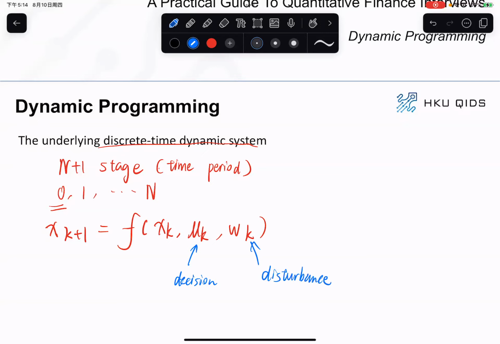This is the basic setting, but according to different policies, different actions that you make, you can have different kinds of results, different final accumulated values.